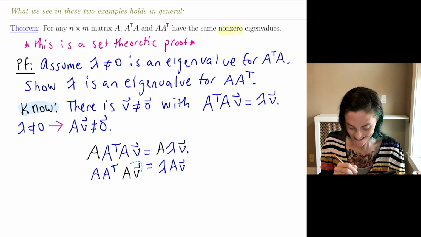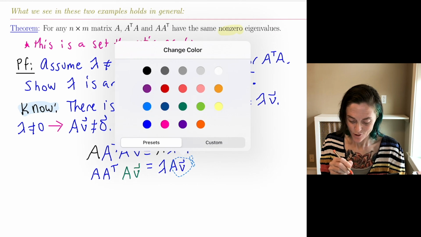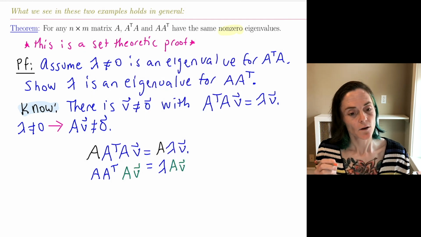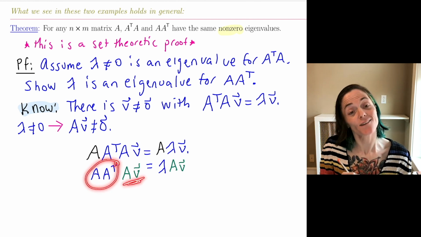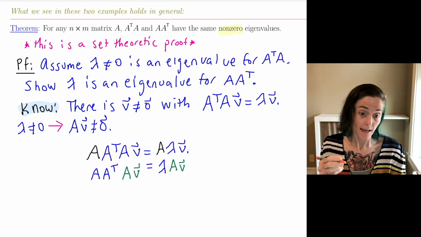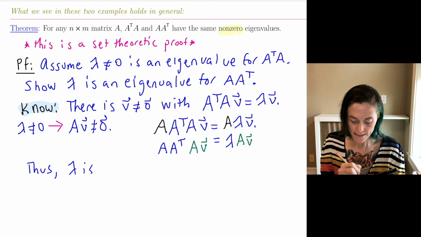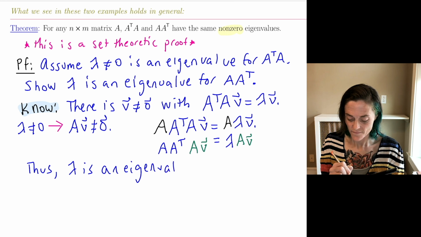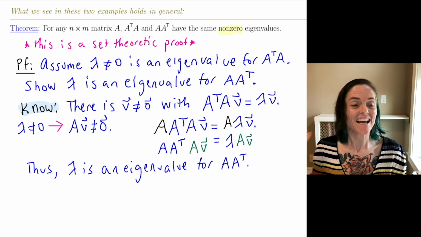Let's change our colors. Green. What do we have? We have A transpose times this non-zero vector is lambda times the non-zero vector. And this is, well, we can move this up. Lambda is an eigenvalue for A transpose.